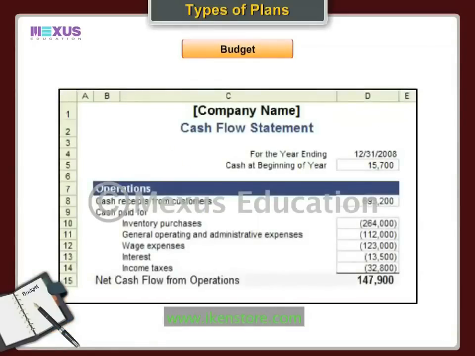For example, cash flow statement. Cash flow statement is a device that helps managers to plan and control the use of cash. It is a statement showing the estimated cash inflows and cash outflows over a given period.